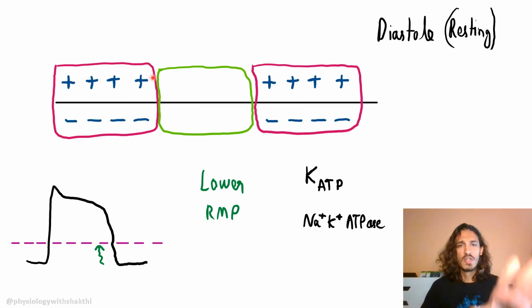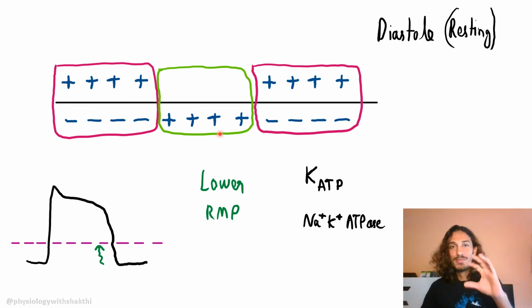In the first slide, when I was talking about current of injury, inside is more negative, outside is more positive. This is what normally happens. But over here, the RMP you can see is decreased. Instead of minus 90, it's at minus 70. So relative to this, there are more positive charge ions over here. I hope that is clear.